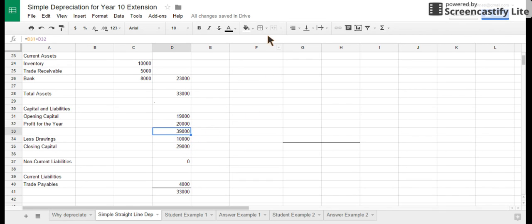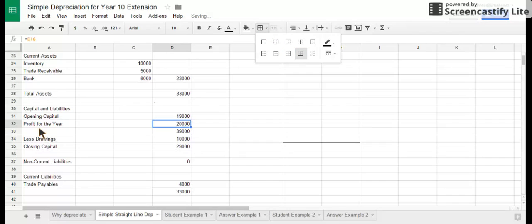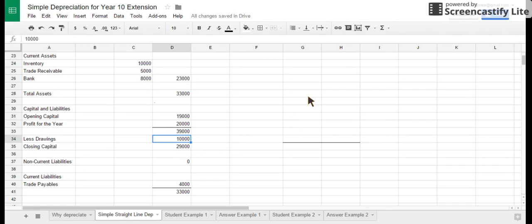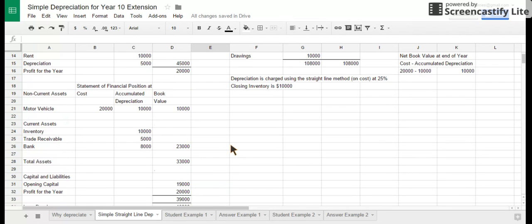This bottom bit of the statement of financial position does catch people out sometimes. We need to do profit, less drawings, and that gives us our closing capital. What you can see from that is that our total assets and our capital and liabilities added together are now equal.